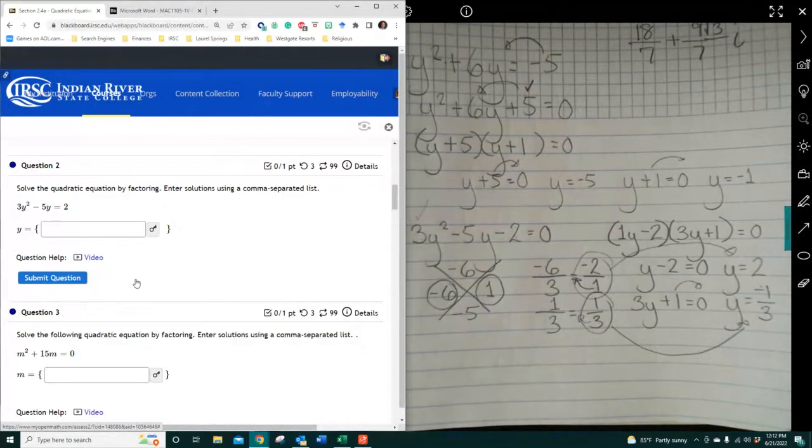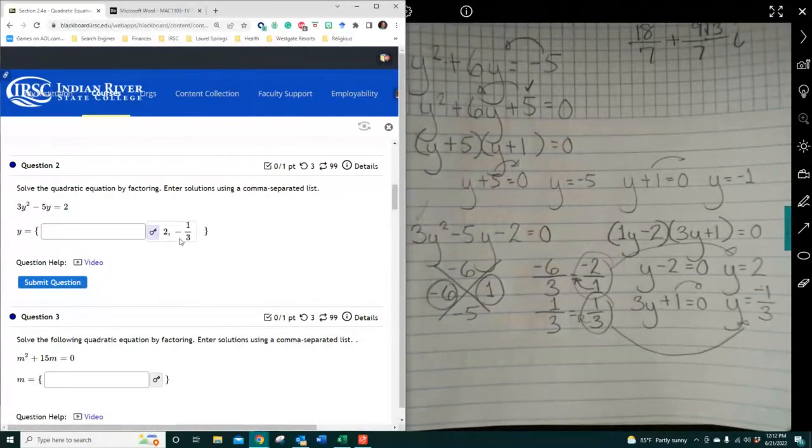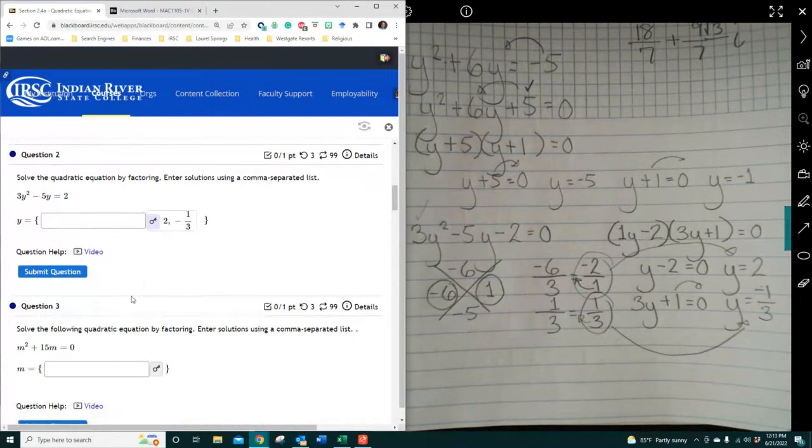Okay? Really kind of a powerful thing to think about. So if we look at the answer here, the answer is exactly what I gave you, 2, -1/3. Now, be mindful that it does not matter if you put the -1/3 first and then the 2, it would get you marked correct if you did it either way, all right?